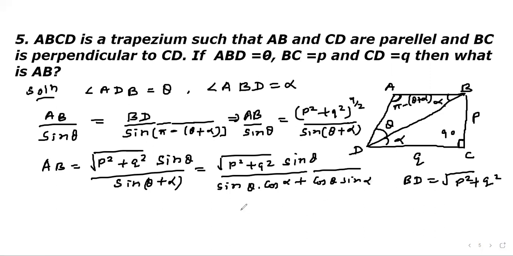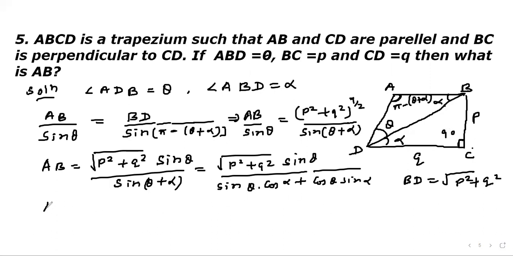Sine (A plus B) equal to sine A cos B plus cos A sine B. Now, sine alpha can be found from this triangle CDB, and that will be perpendicular upon hypotenuse, that is P divided by square root of P square plus Q square. And cos alpha will be base upon hypotenuse, that is Q divided by square root of P square plus Q square. So we can put these values here.